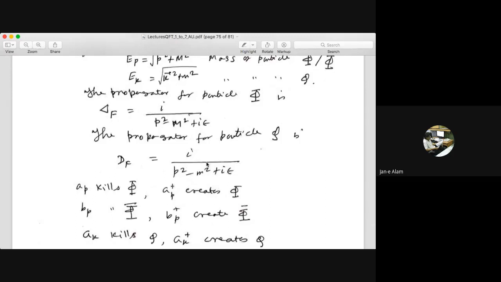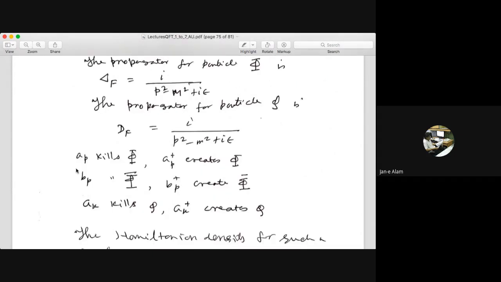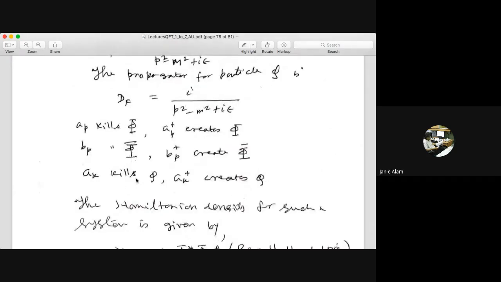It is the same form, but the mass is different, because capital phi and small phi have different masses. And this is what I said, distinctly written here: a_p will kill a phi, and a_p dagger will create a phi. b_p will kill a phi bar, the antiparticle of phi, and b_p dagger will create an antiparticle. And a_k will kill a phi, and a_k dagger will create a phi.